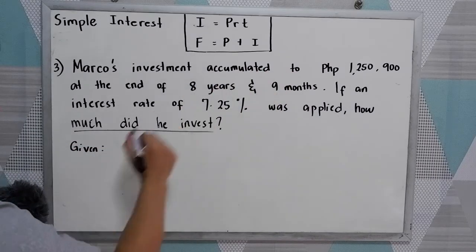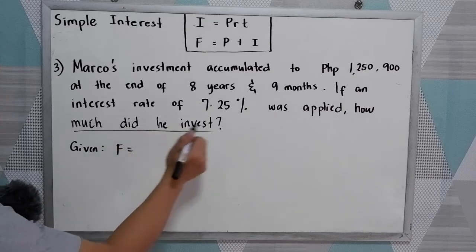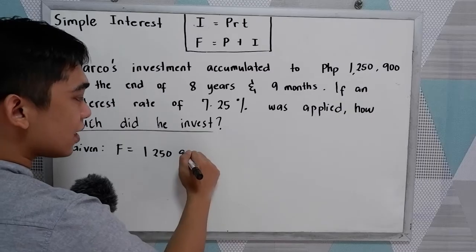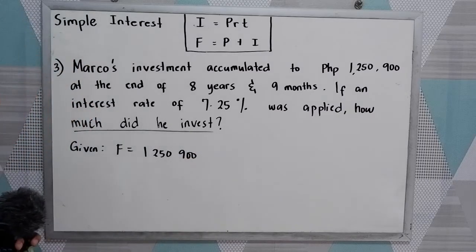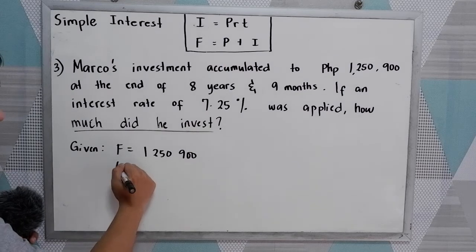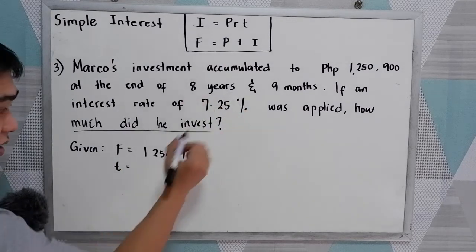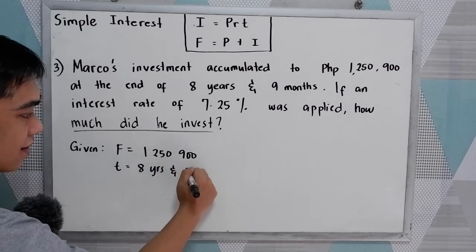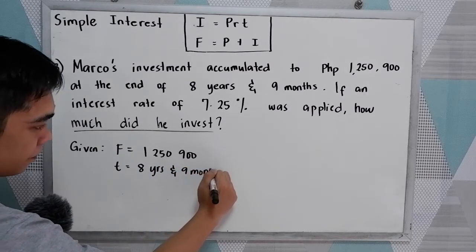Accumulated money, that is the future value, 1,250,900. We have our time, 8 years and 9 months.